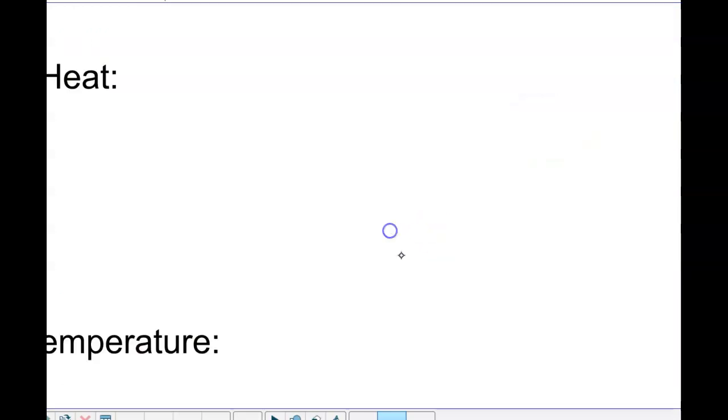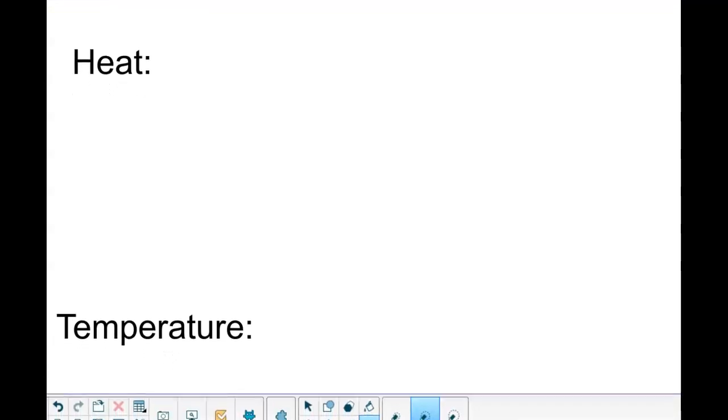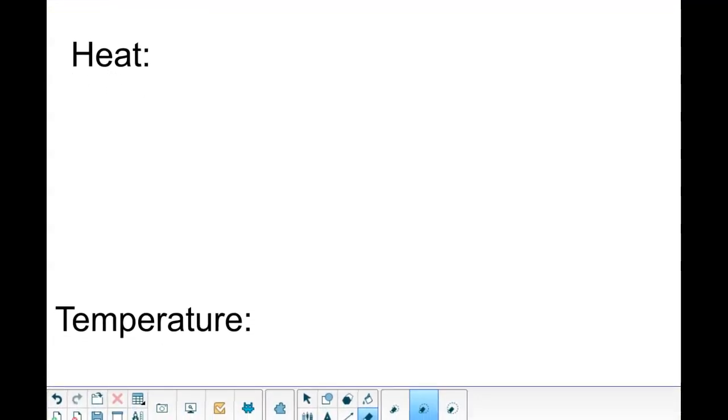All right, let me move my screen over. So what we're going to do next is we're going to talk about the difference between heat and temperature. Even though it seems like they're interchangeable terms, they're really not.